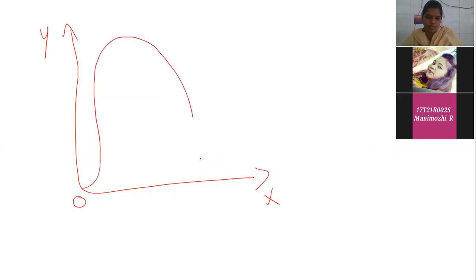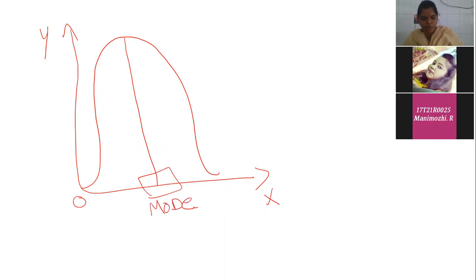If you plot a curve like this, it is exactly partitioned and joins to the x-axis. The point at which it joins the x-axis will be called the mode. So this diagram is a representation of your mode.